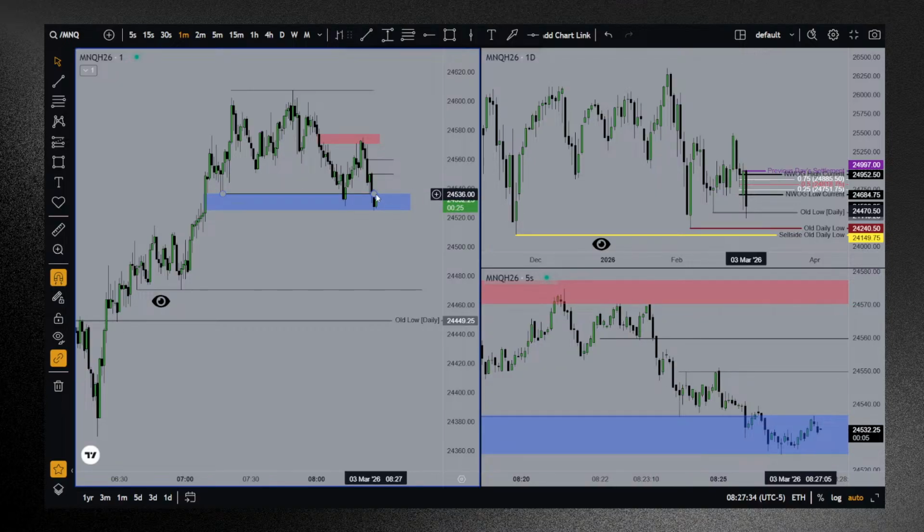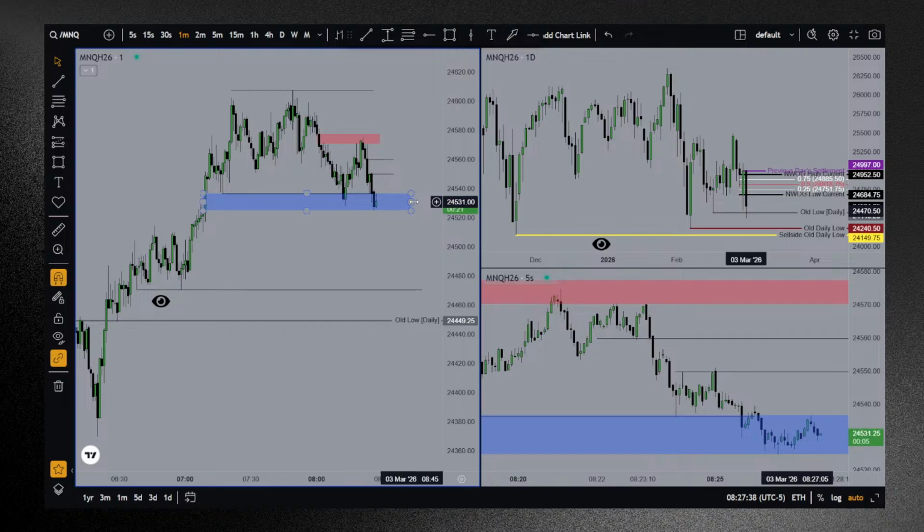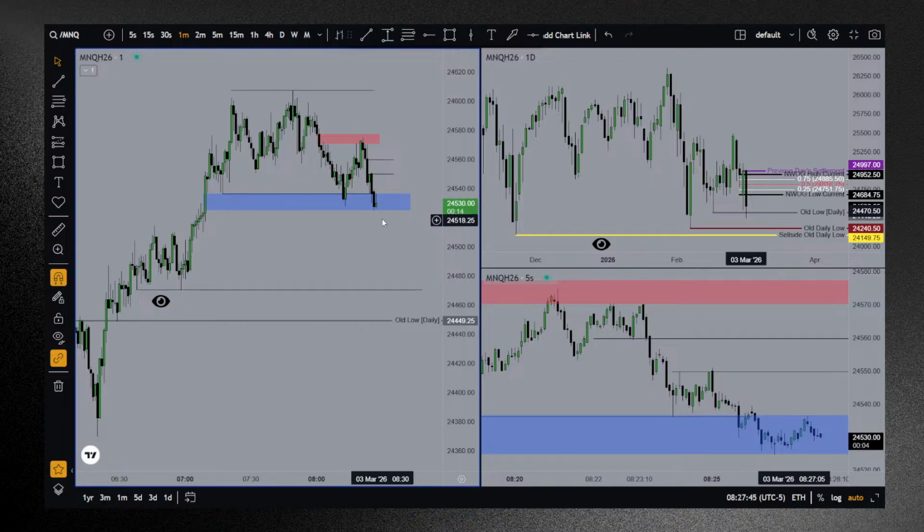So we got the touch to the high and now a close below 50%, and then the next candle probably, or maybe roll over lower.